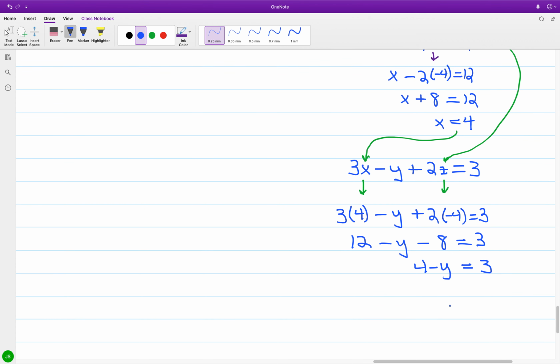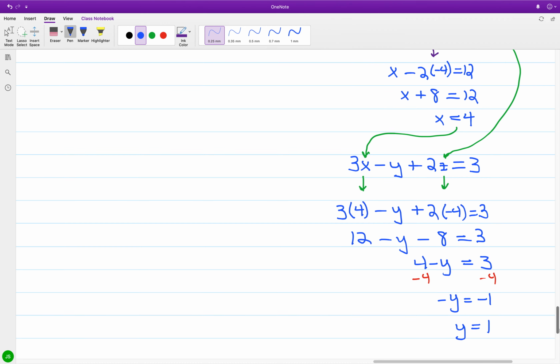Getting y by itself, if I take 4 away from both sides, we have negative y is equal to negative 1. With multiplication or division by negative 1 on both sides, this will just revert to a sign change on both sides, whereupon we have y equal to 1.